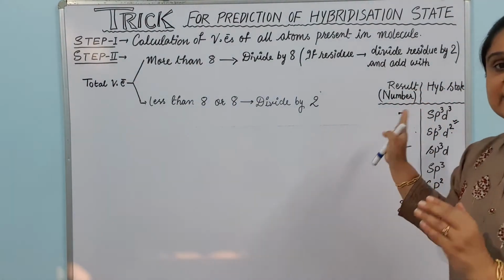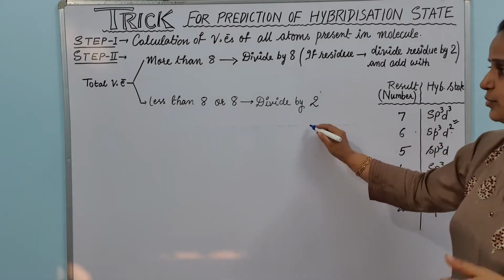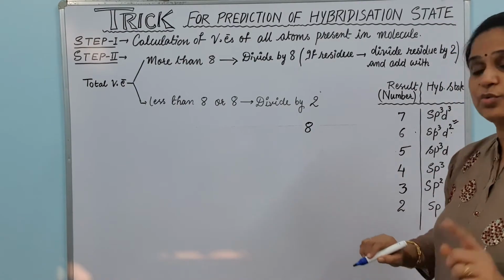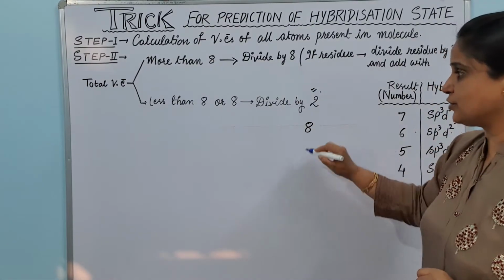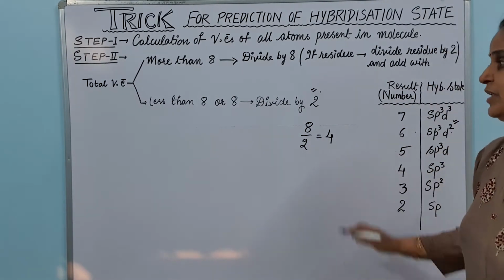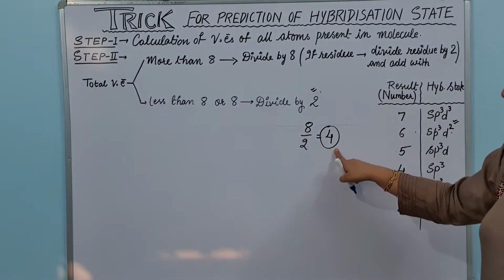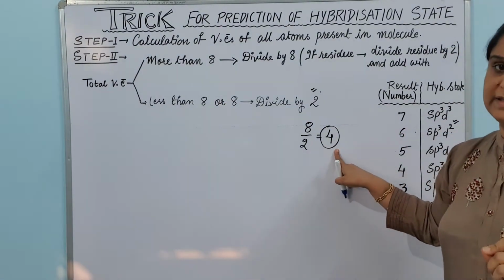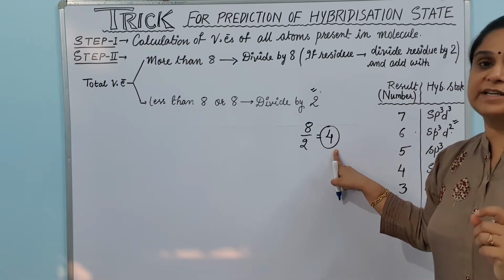This chart has a direct relationship with whatever number you are getting. Suppose the total number of electrons I am getting is 8. Because it tells me I have to divide by 2, I divide 8 by 2 and I am getting 4. This 4 is the number of hybrid orbitals, which gives me the idea about the hybridization state of an element.